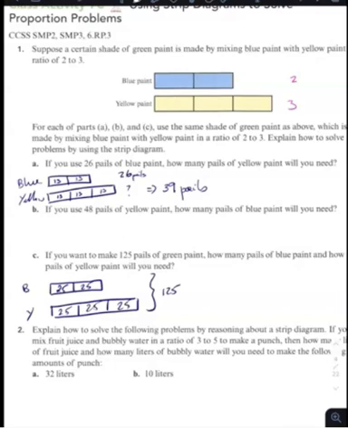All right, so each one of those is 25. So if the ratio holds, then we should have 50 pails of blue and 75 pails of yellow.